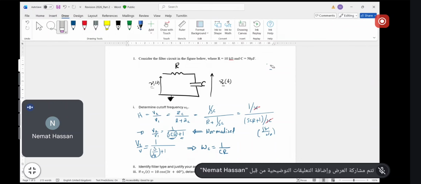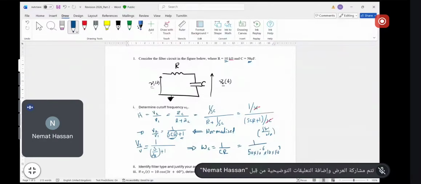Here we have values of C and R, so all you have to do is substitute. 1 over C, 50 times 10 power minus 6, times R, which is 10 kilo, so 10 times 10 power 3.